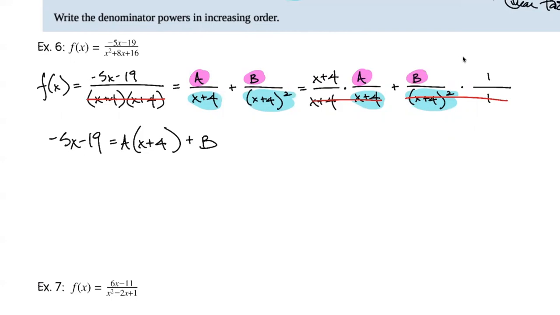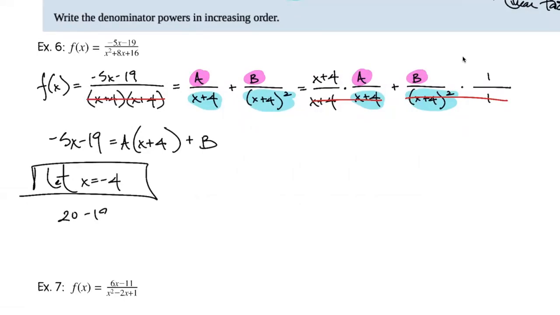All right, looks like maybe pick a clever number. So let's let x equal -4 and see what happens. All right, so we get 20 minus 19 equals a times 0 plus b. Yeah, that seems pretty clever to me. We get b equals 1.